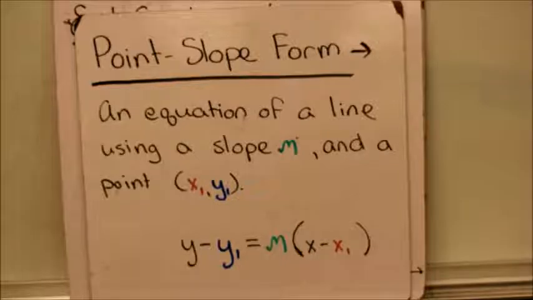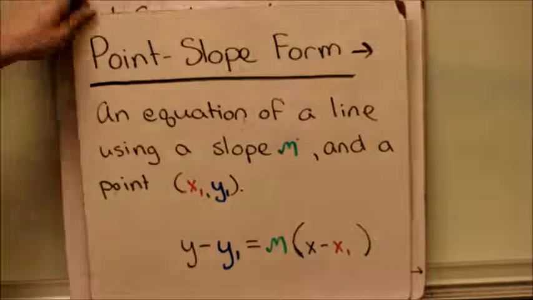I wrote the different pieces in different colors because I want you to recognize that if you are given a slope, m, and if you are given one point, x1 and y1, you can simply use those to plug into point-slope form to write an equation. So if you're only given a slope and a point, you're going to use these as your starting points and put them into your equation.